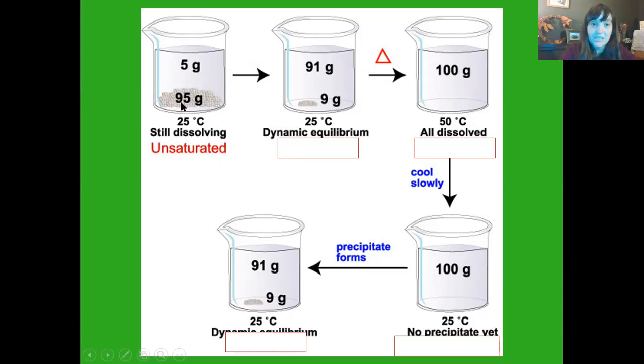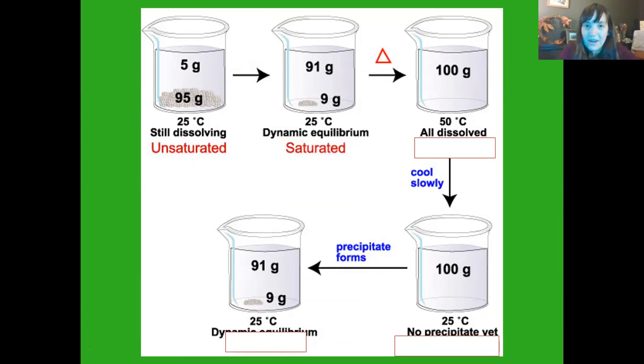A lot more of these grams can still dissolve, and it'll keep holding more solute. So time passes. Now 91 grams of the solute have dissolved. 9 grams are still just sitting at the bottom that have not dissolved yet. And you'll notice we're still at the same temperature, but now we've reached dynamic equilibrium. So, would you call this solution unsaturated, saturated, or supersaturated?